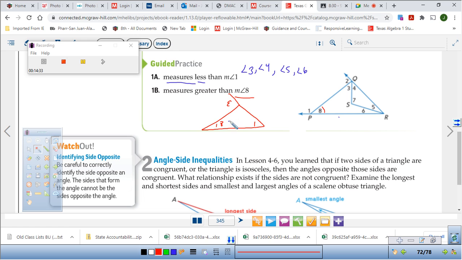That's that one right there. So you know these right here, they're not equal. I'm just saying when you add them up, they add up to that one over there. Well, if I know I have to add up two smaller things to give you that one right there, just to give you something bigger, then that one by default is automatically bigger. So I'm going to say that angle is angle 2. So angle 2 is greater than angle 8.